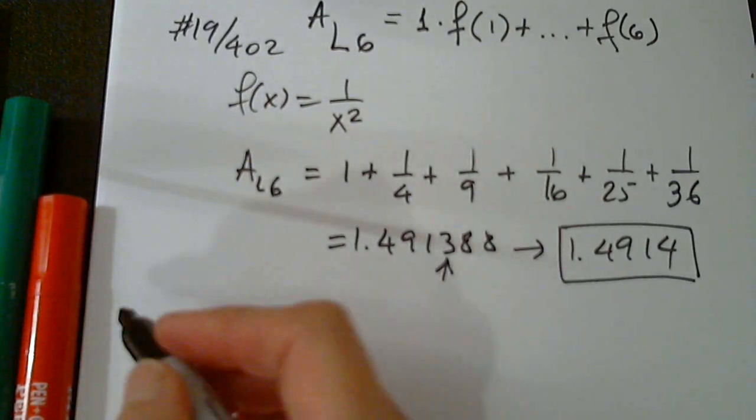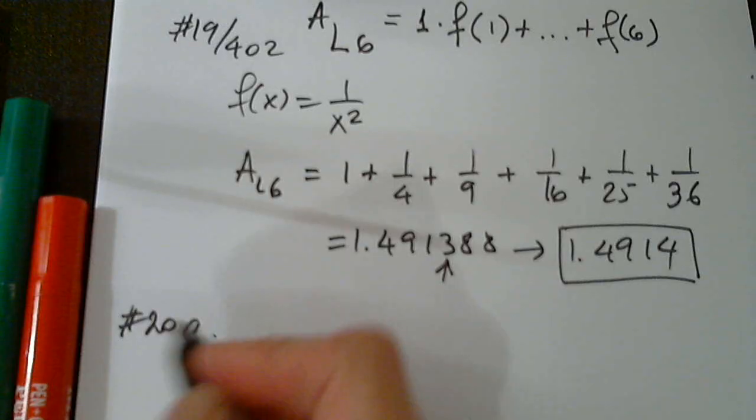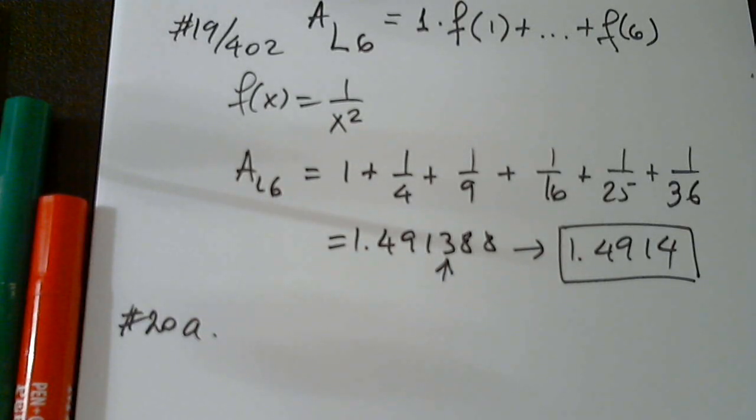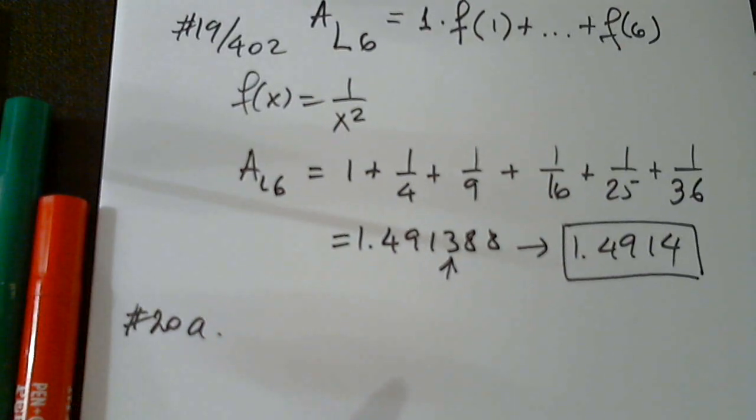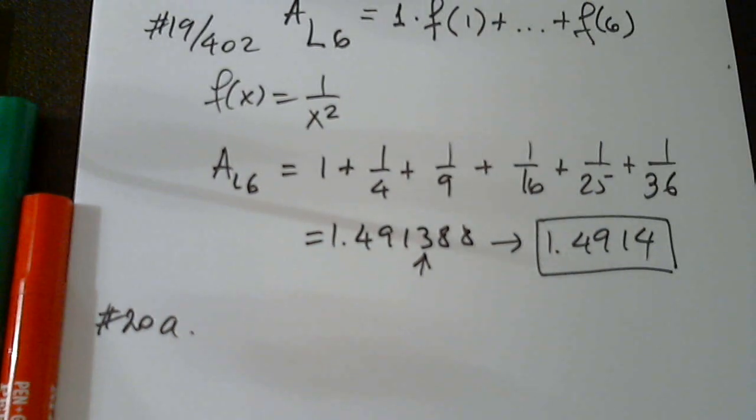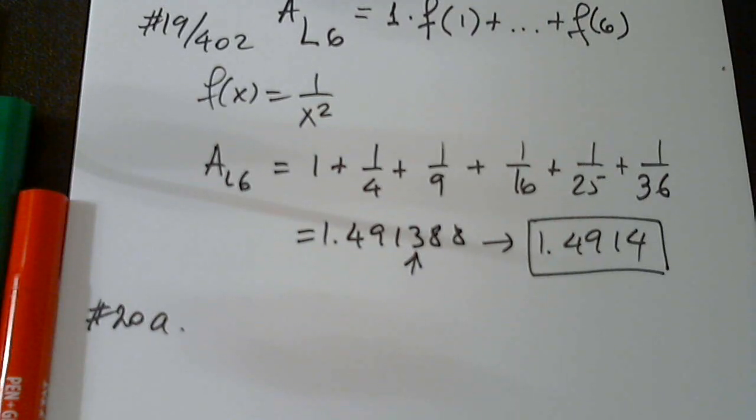And this is number 20, part A. Rightmost point or leftmost point. You look at any rectangle and see where the height is, and then you will know if it's the leftmost point or the rightmost point. Anyone will identify for us?